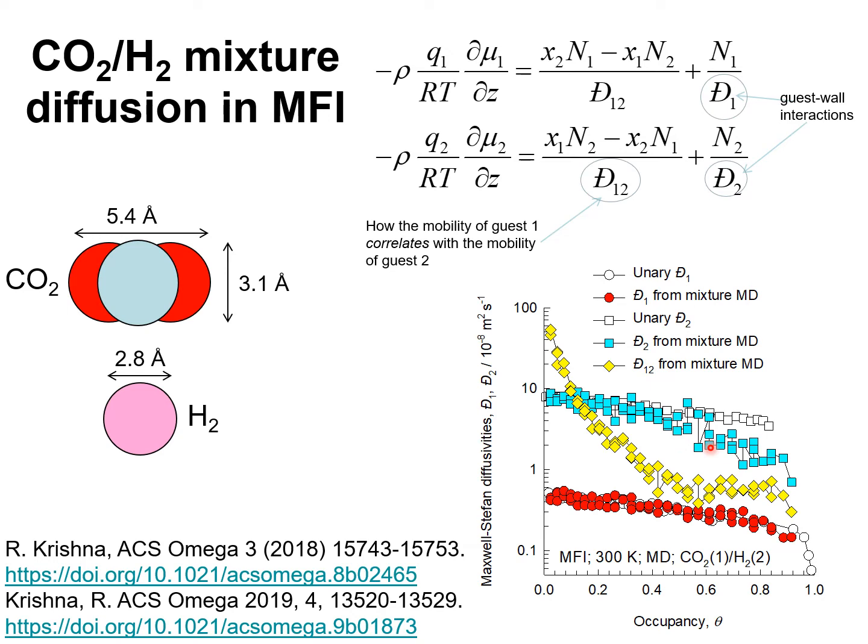The cyan squares represent the Maxwell Stefan diffusivity of hydrogen in MFI zeolite, and the yellow diamonds represent the D12 term in the Maxwell Stefan equations.